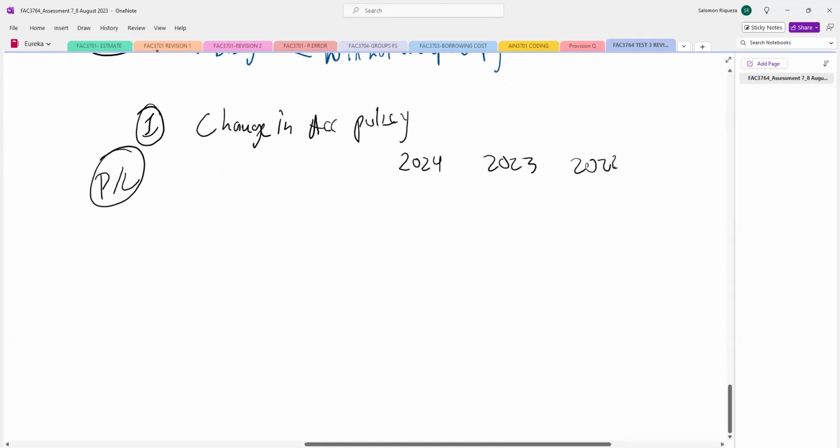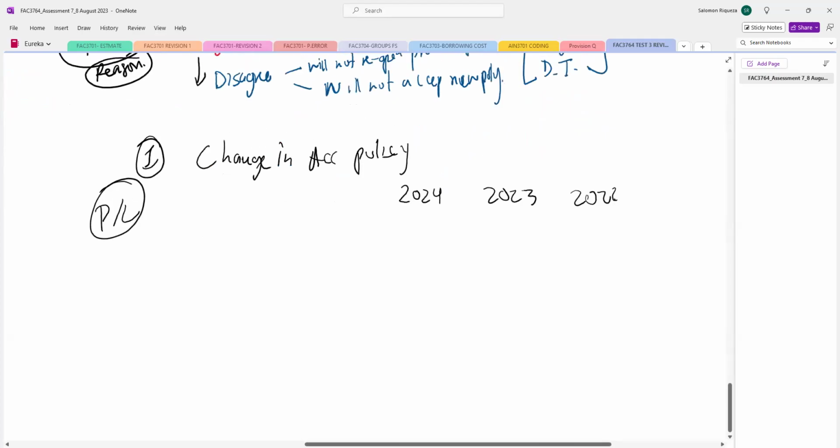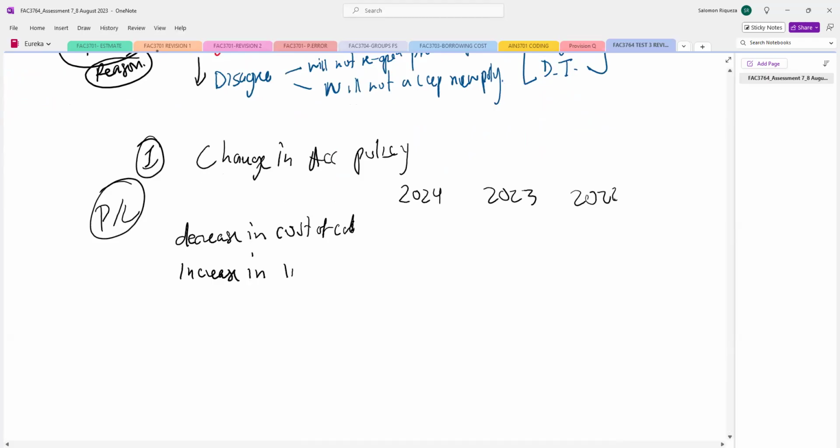I'm going to have 3 years. I know there is going to be a decrease in cost of sales, usually, an increase in income tax expense, and an increase in profit.